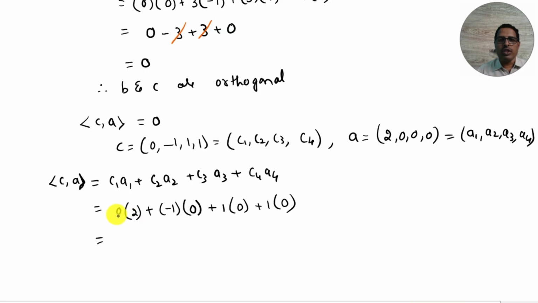You can observe that each term has a 0, and 0 multiplied by anything will be 0 itself. So each term is 0, hence we get the value 0. Therefore, the inner product of C and A is equal to 0, so C and A are orthogonal.